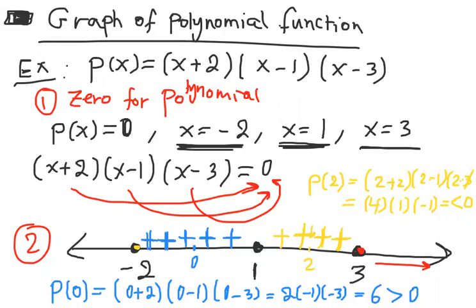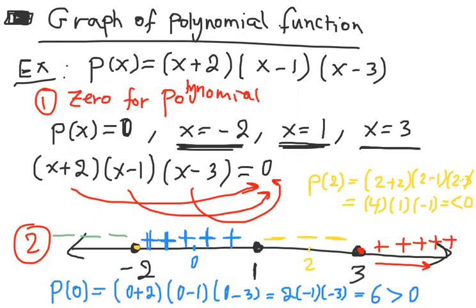Sorry, here is positive. Choose any number greater than 3 and plug it inside the polynomial, and it gives me a positive value. And the same thing for less than minus 2: they give me negative numbers. So negative, positive, negative, positive. Now I can graph the polynomial function by using these things.